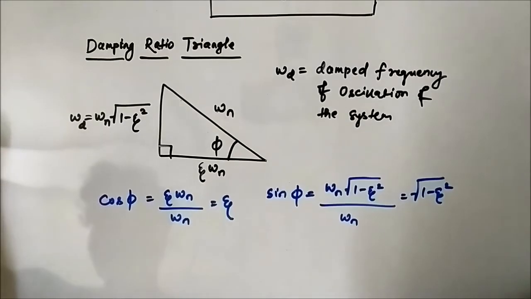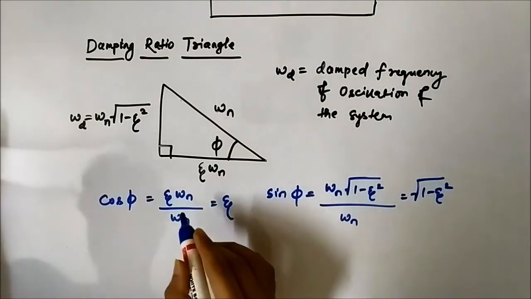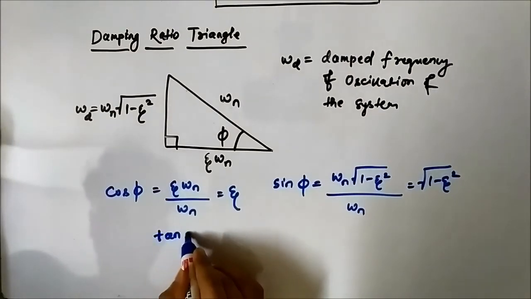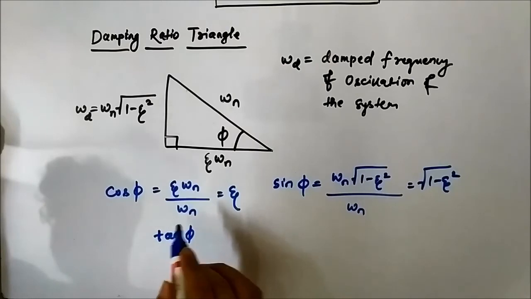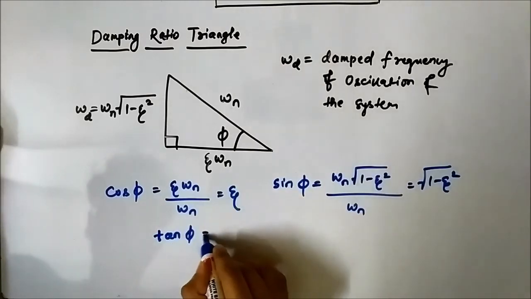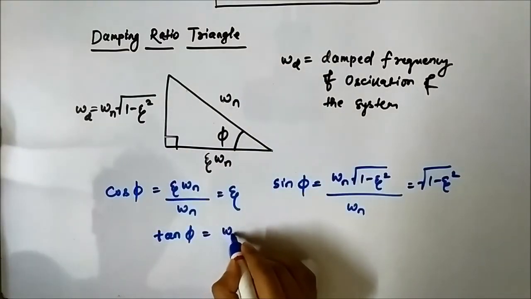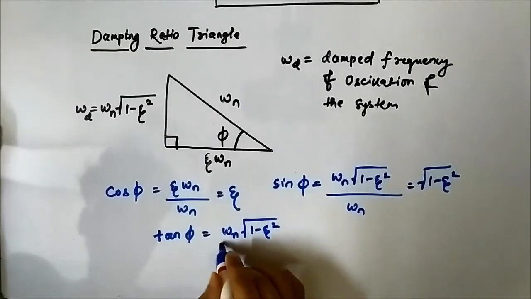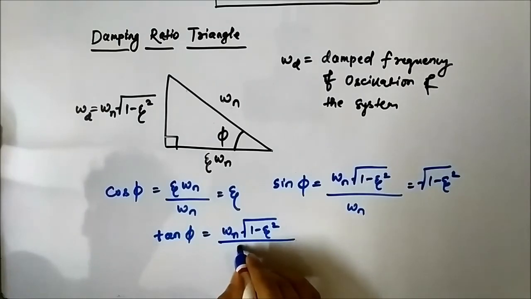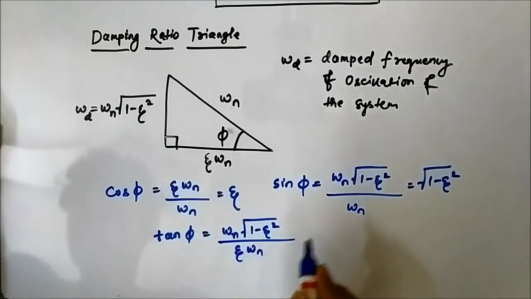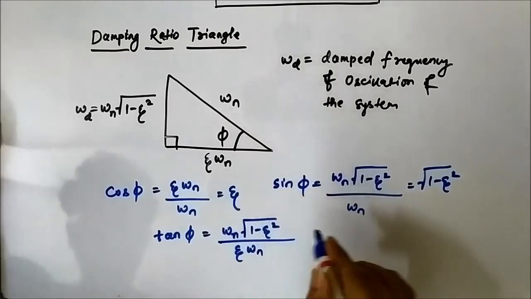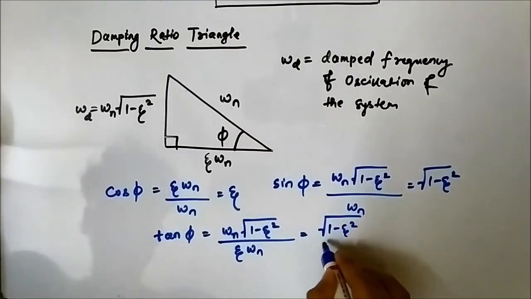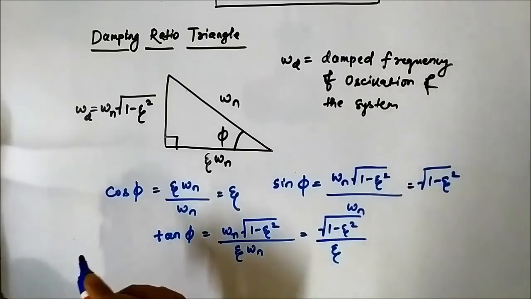Now tan phi is perpendicular by base, which is omega n root over of 1 minus zeta square by zeta omega n, which is simply root over of 1 minus zeta square by zeta.